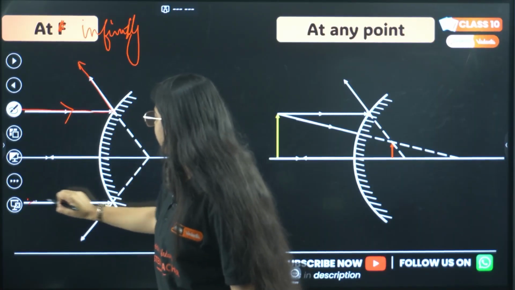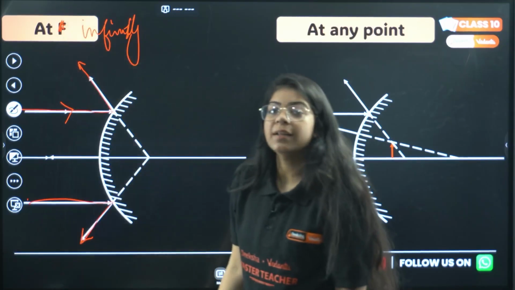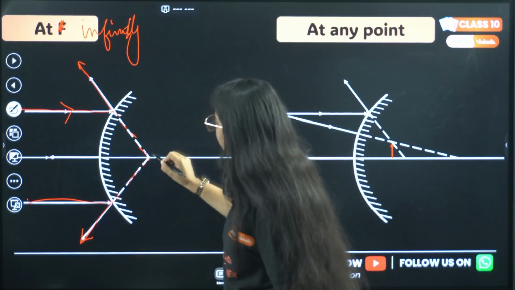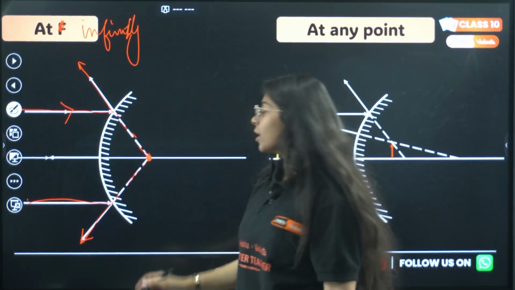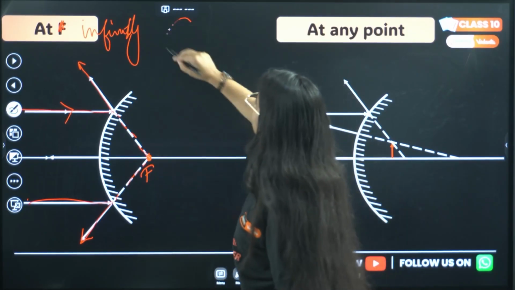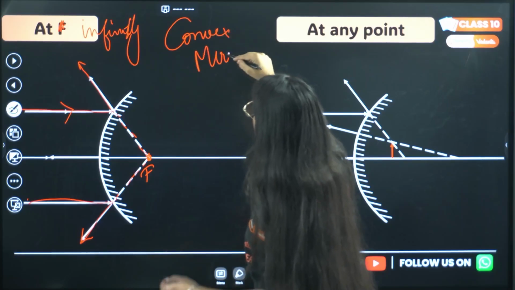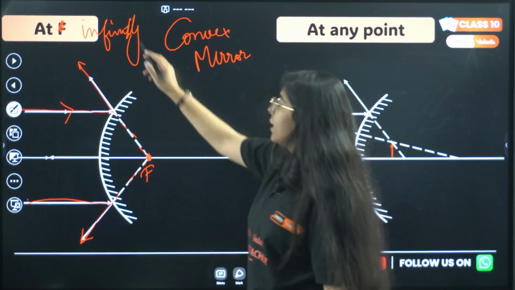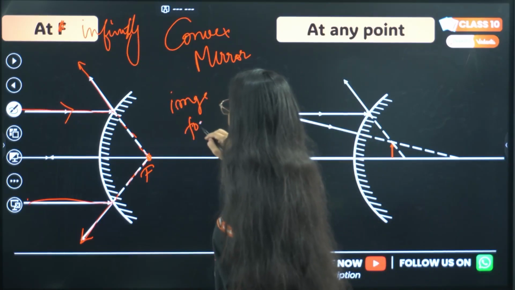Now these two rays will never meet, right? So we extend them back, and where they meet is again the focus. So this is the focus of the convex mirror. So at infinity, my image is at focus.